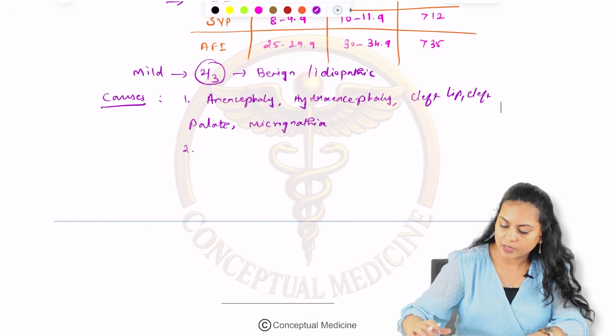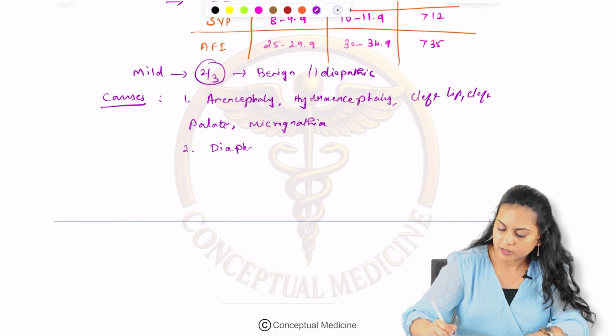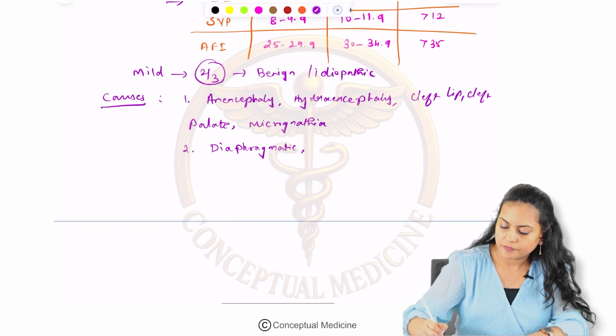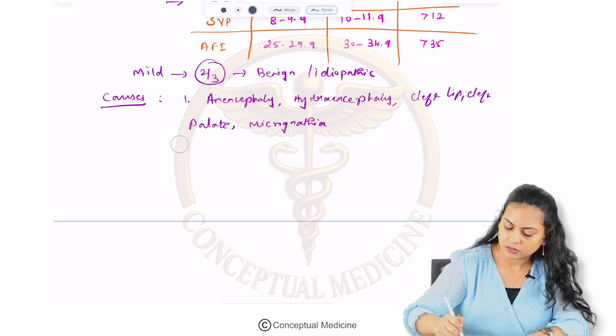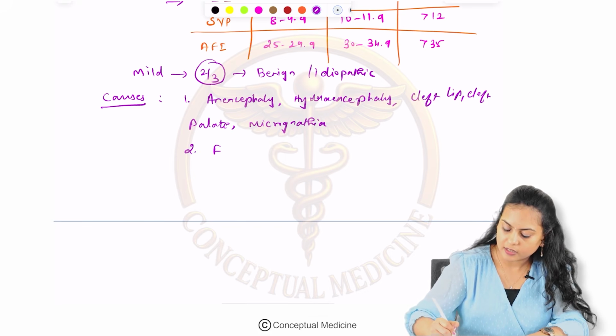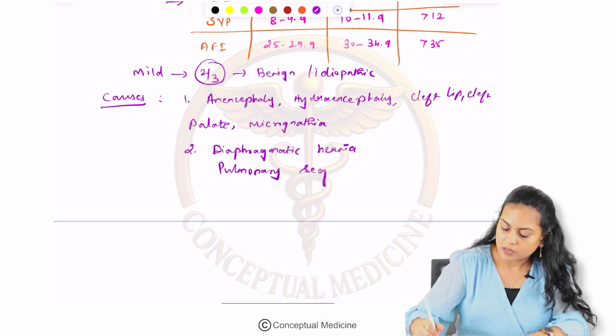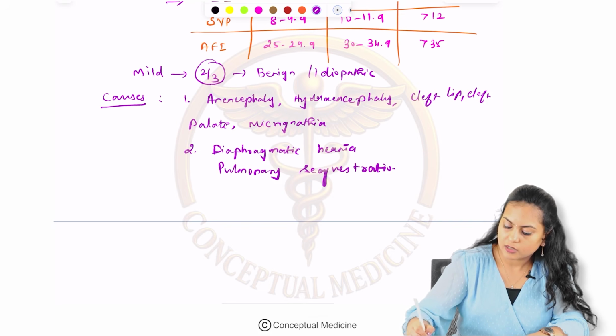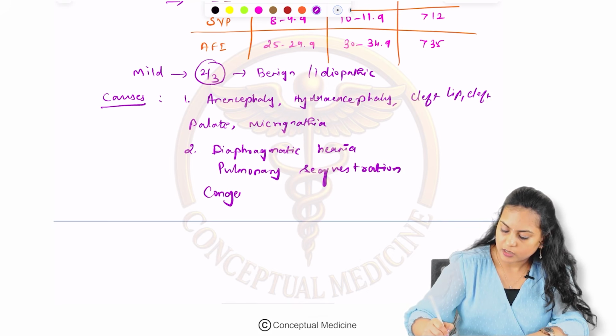Second one, it is seen in conditions like diaphragmatic hernia, pulmonary sequestration and congenital cystic adenomatoid malformation.